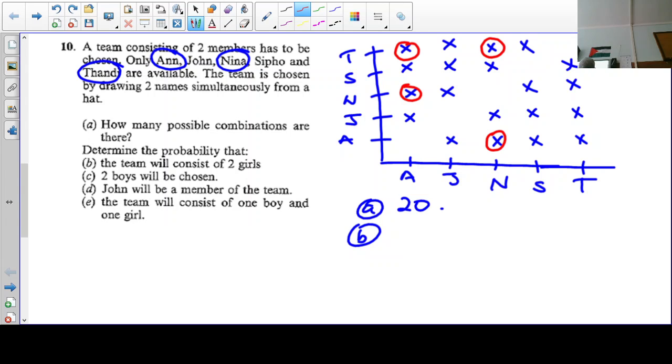Sipo is a boy, so no. Tandi and Nina. So how many do I have there? 6. Does that make sense? So it's going to be 6 out of 20. And we always simplify that. That's going to give you 3 out of 10. Does it make sense, people? Yes, sir. Right.